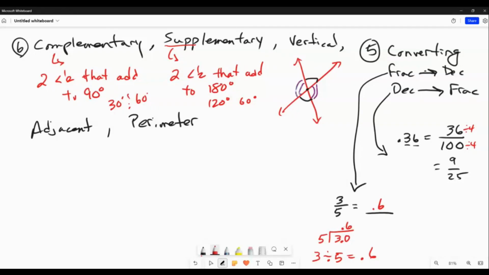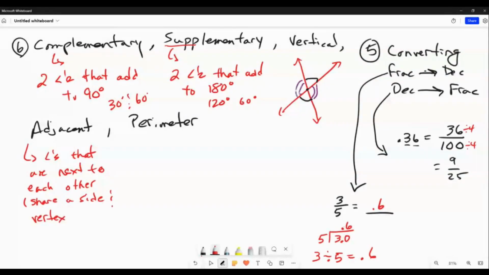Then we did adjacent angles, and adjacent angles are angles that are next to each other. Or we can say they share a side and vertex, no overlapping.